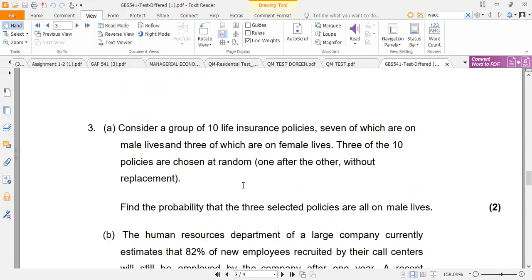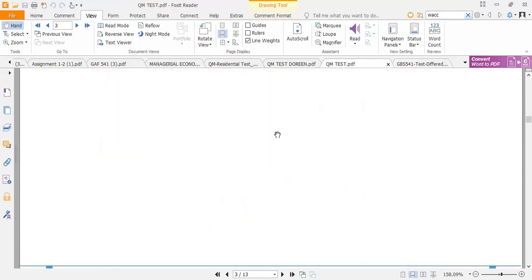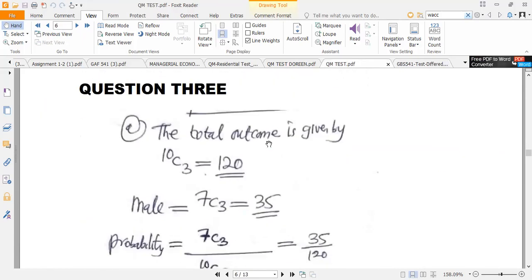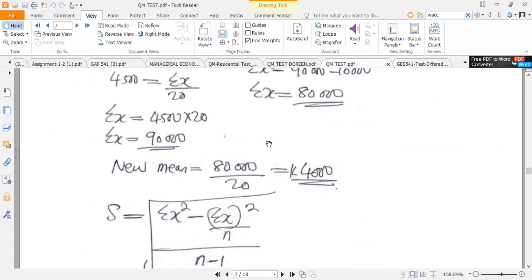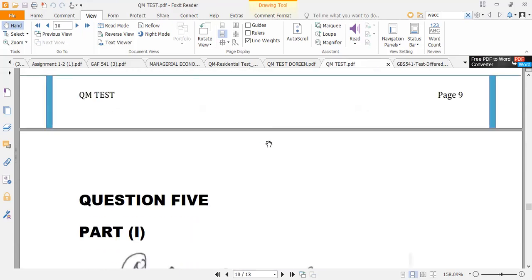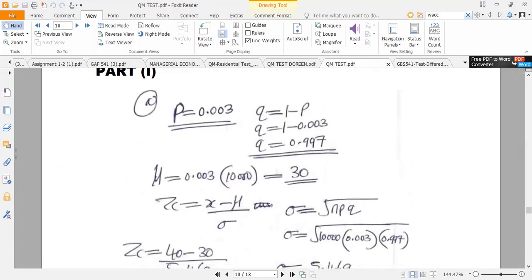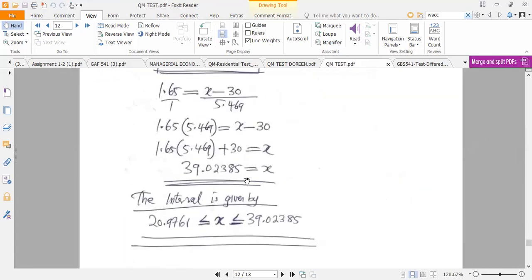This one was directly question 3. This paper was bulky, so I'll share the solutions on the group so that we could go through the solutions.